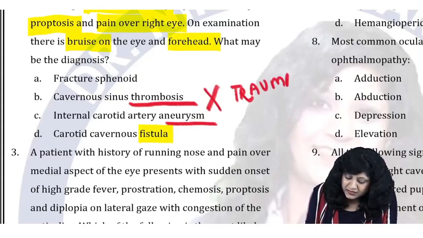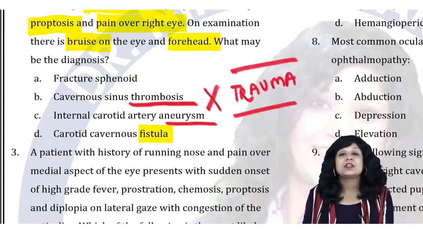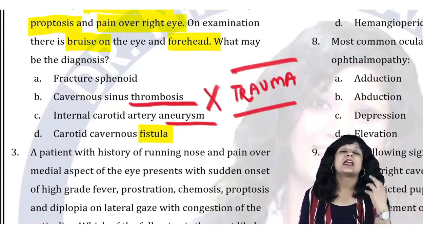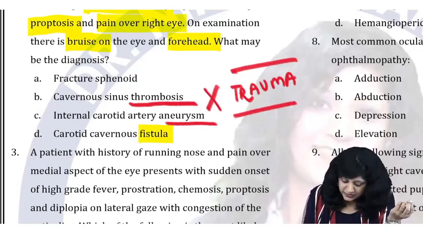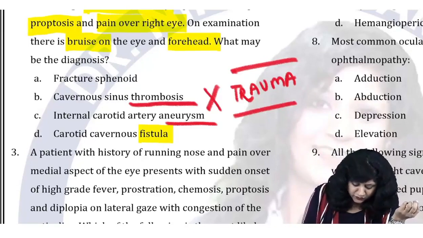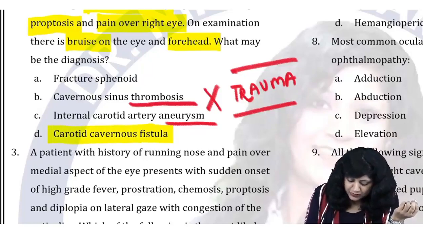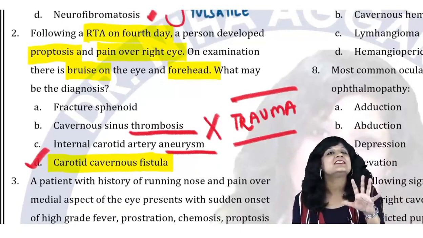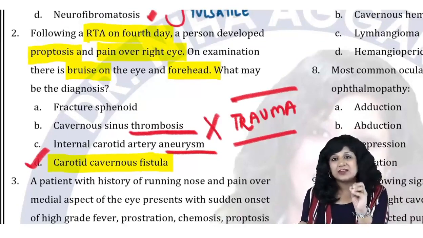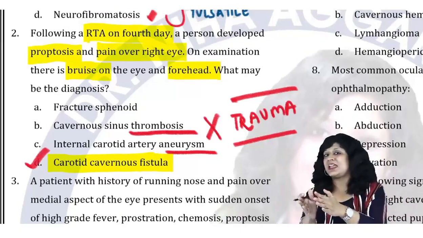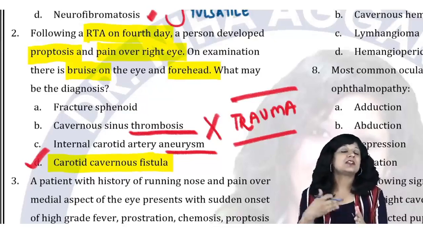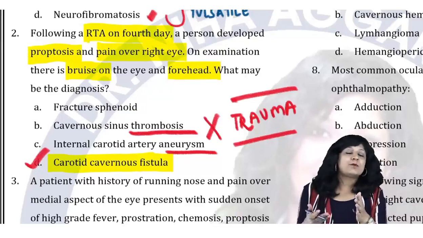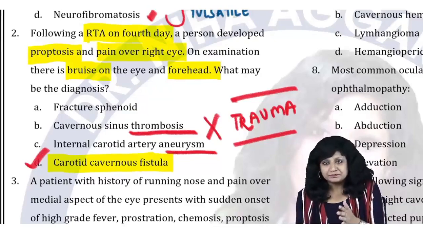So what is that one proptosis which is actually related to the trauma? It can be the carotico-cavernous fistula. So in this way you will be able to give the answer, because they have not given you the signs and symptoms. They are just trying to see whether you can correlate which kind of proptosis can occur after the trauma or which one is pathological. Right.